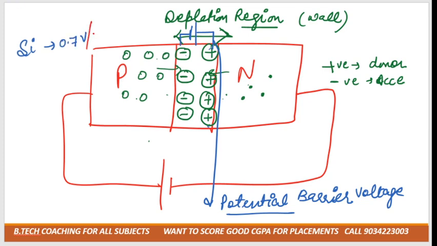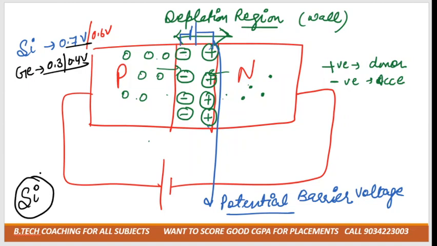You can mention this. Somewhere it is mentioned as 0.7 volt, somewhere as 0.6 volt. For germanium, the potential barrier voltage is 0.3 volt or 0.4 volt. So both are correct. Clear?